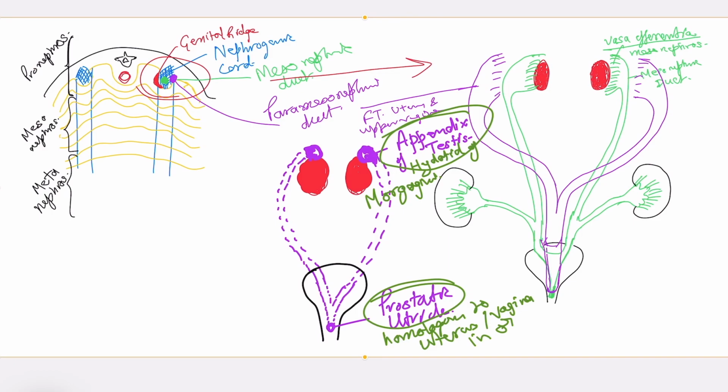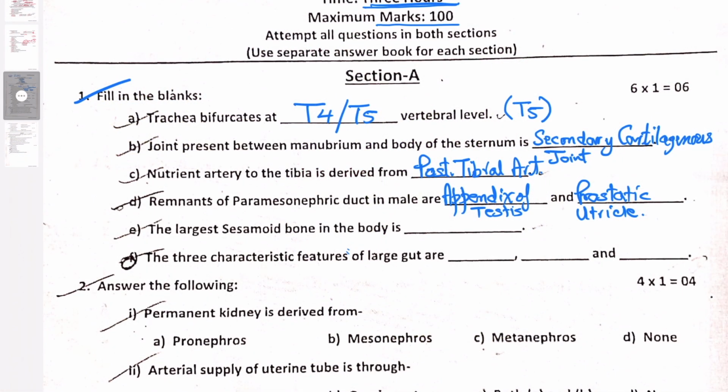Now again, this can be a very silly type of question, when they ask whether prostatic utricle is homologous to the uterus or vagina in males, then you should go for vagina, because it's the terminal portion of the paramesonephric duct. So remember that the appendix of testis is also called the Hydatid of Morgagni.